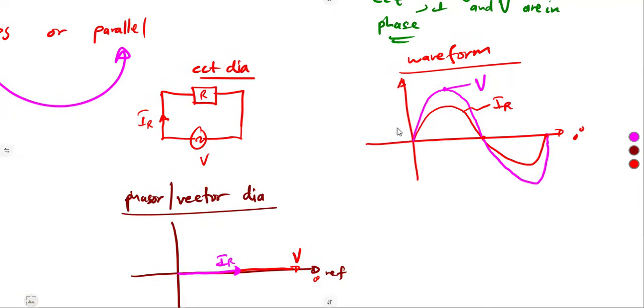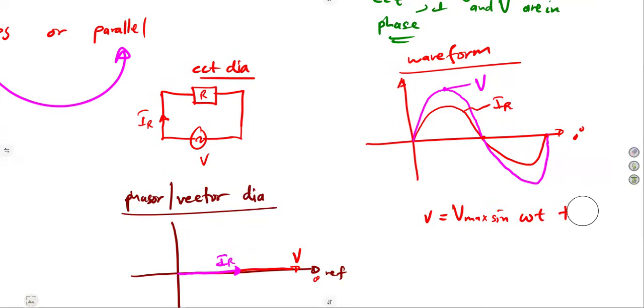Meaning to say, if the angle is 0 degrees, the representation can be given in the trigonometric way, where we've got the maximum voltage times the sine of omega t plus 0.